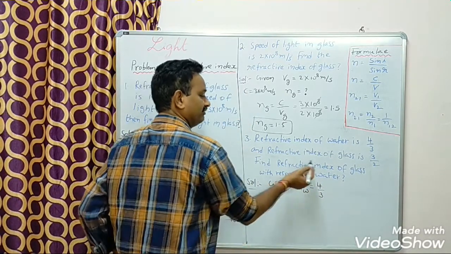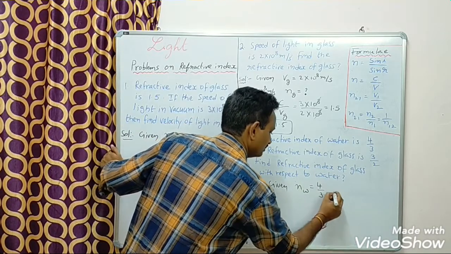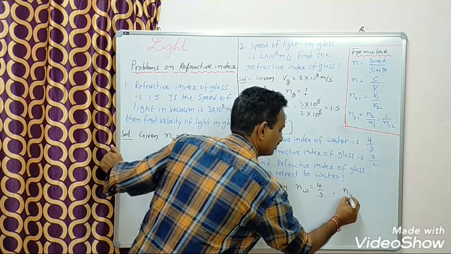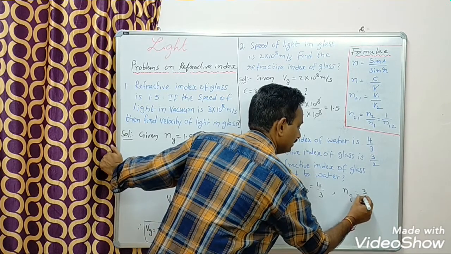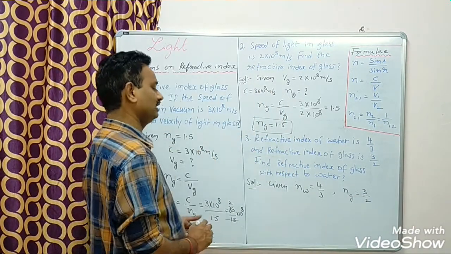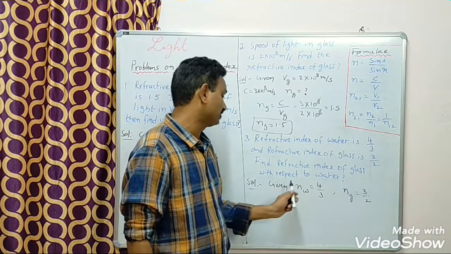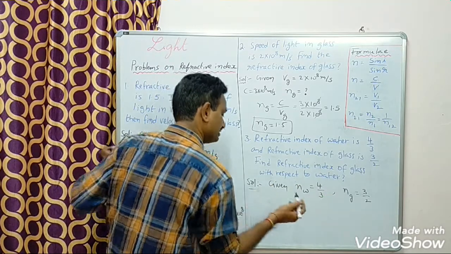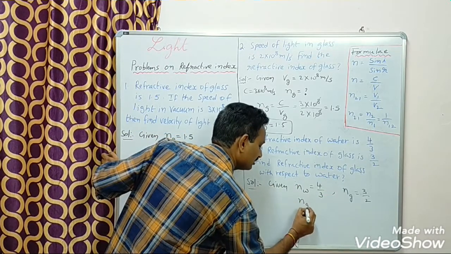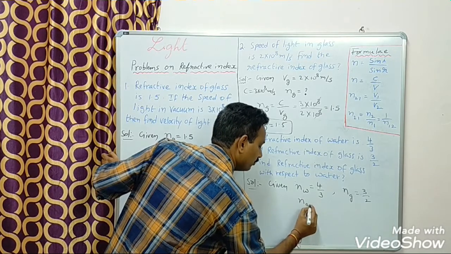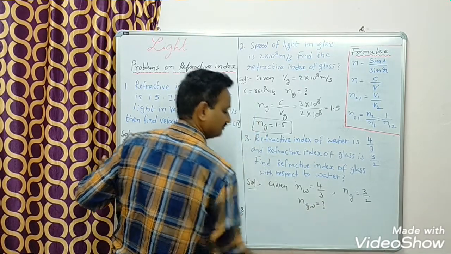Refractive index of glass, n suffix g, that equals 3 by 2. Then what do you have to calculate here? Find the refractive index of glass with respect to water. That is refractive index of glass with respect to water is equal to question mark.